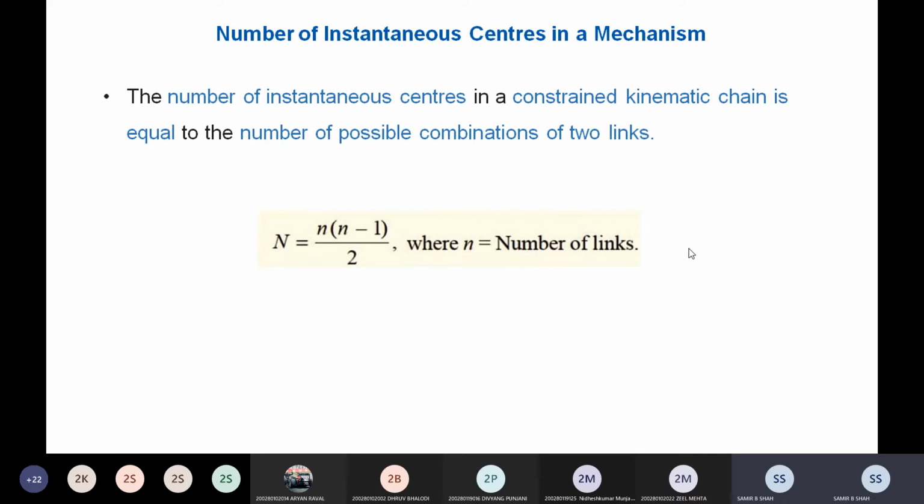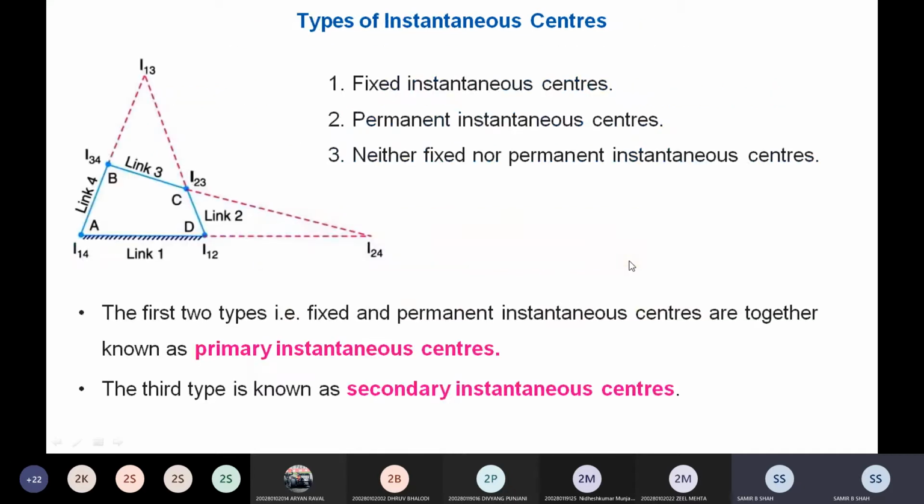Now I will discuss in detail. This theory may be asked many times. Discuss the types of I centers. As I discussed, the I centers may be identified with the help of n into n minus 1 by 2 equation.